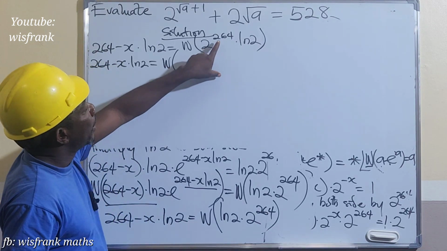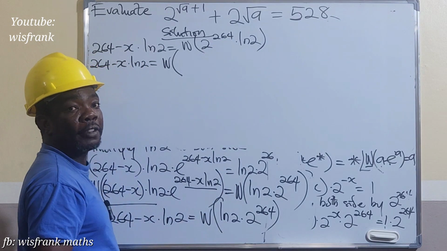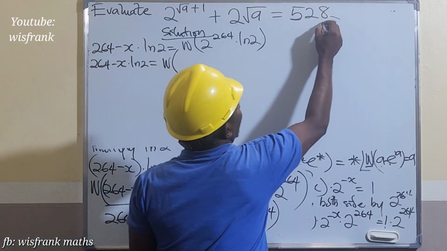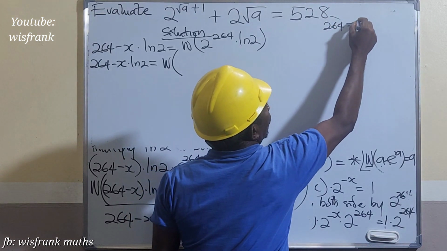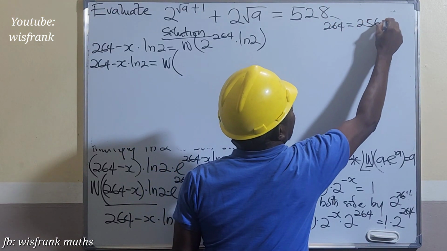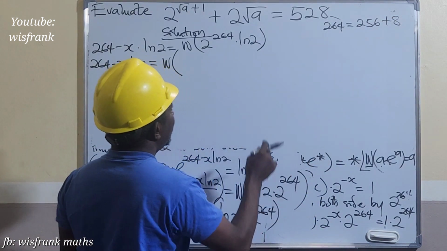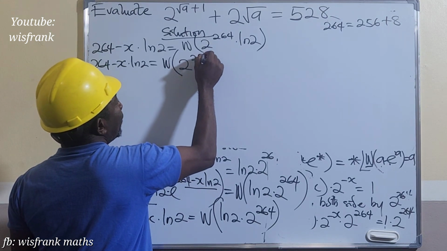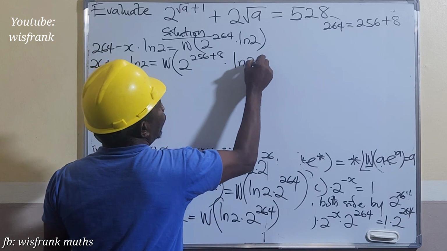So now 264 can be broken down into 256 plus 8. If we add the two of them, it will give us 264. So that will become 2 to the power of (256 + 8) times ln 2.